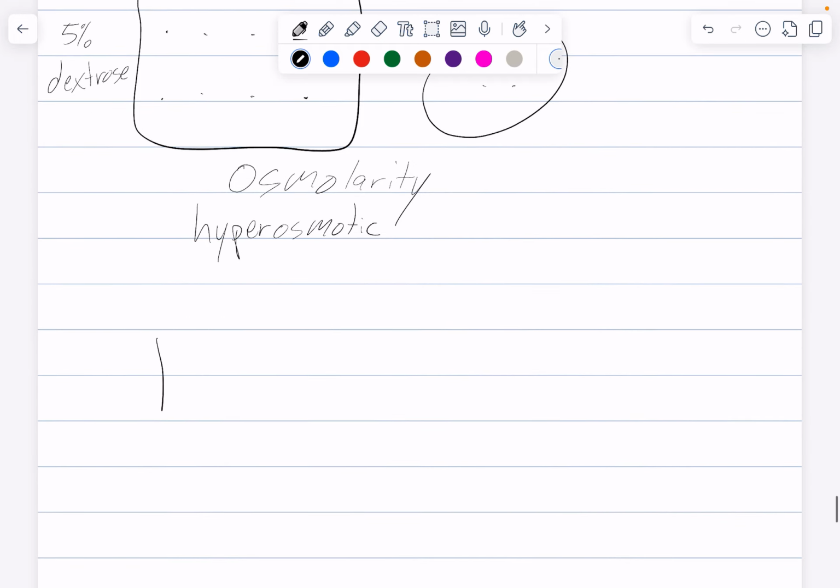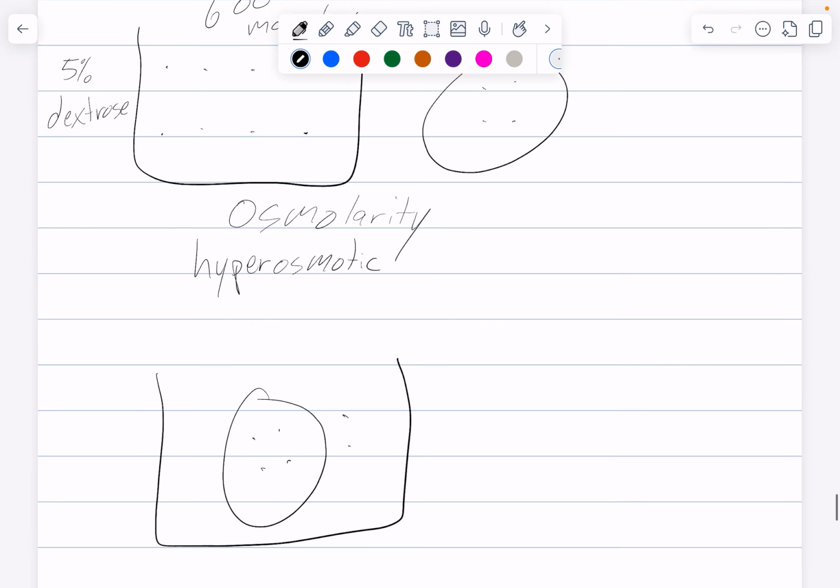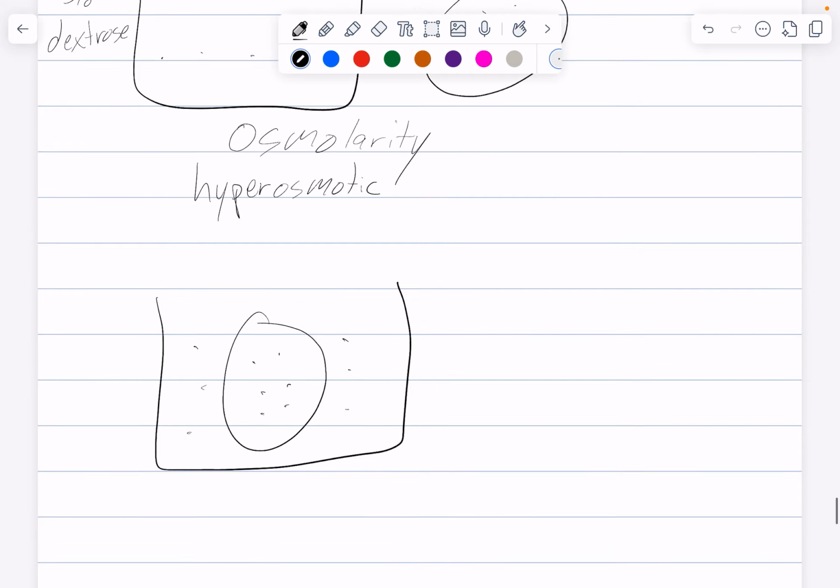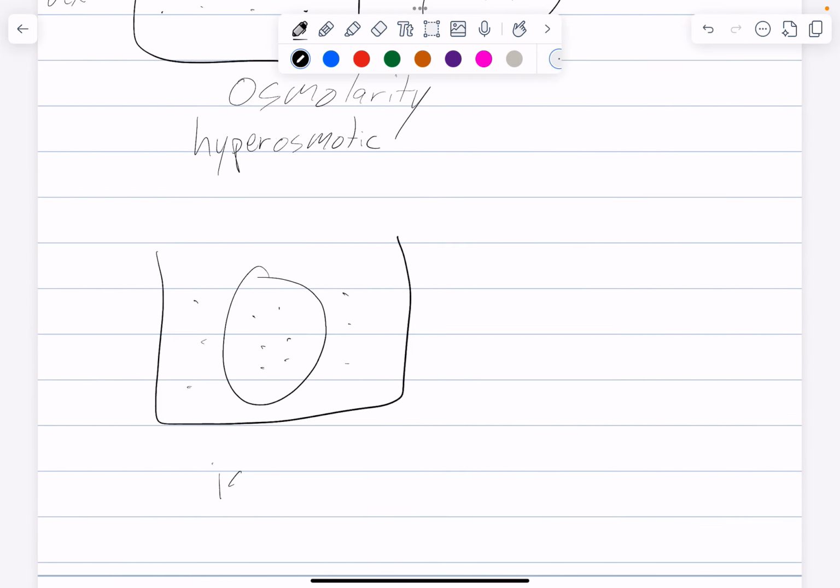But for tonicity, we have the cell and the solution together, and this will become isotonic.